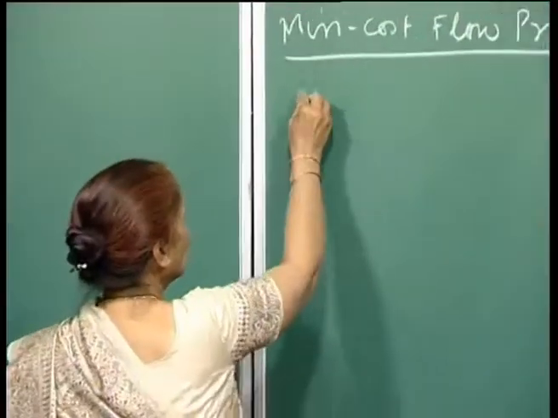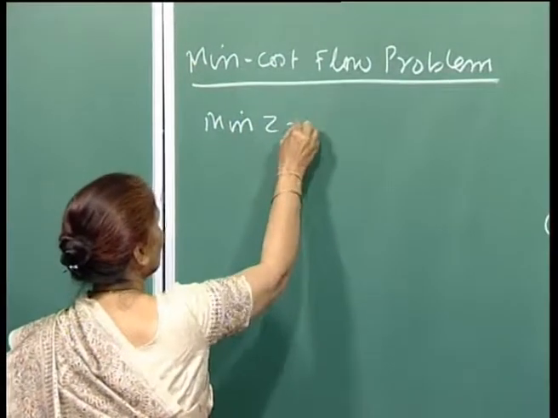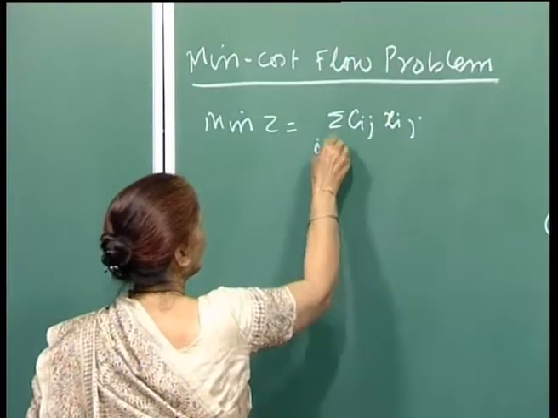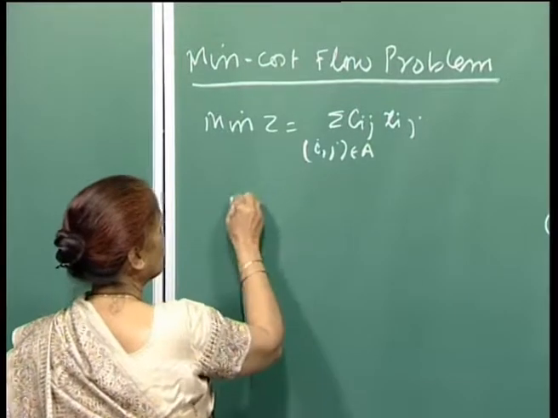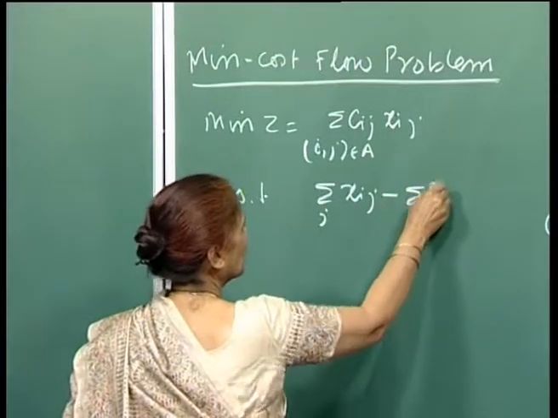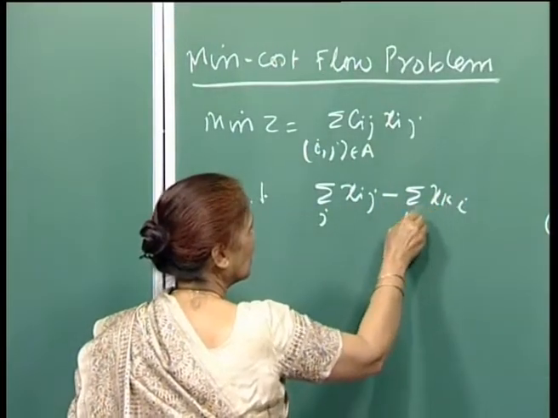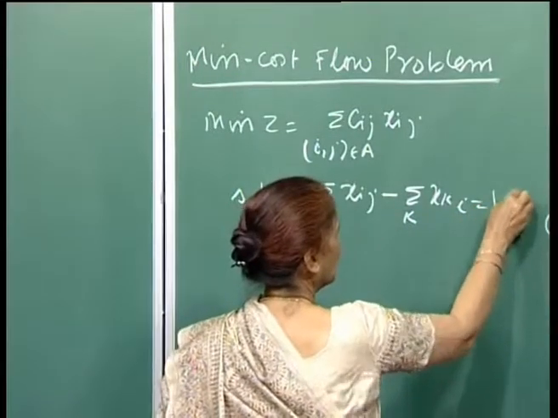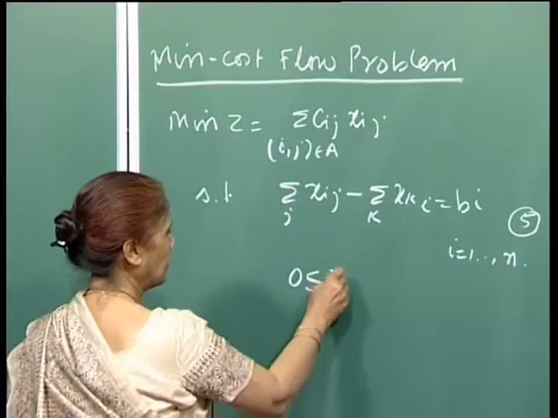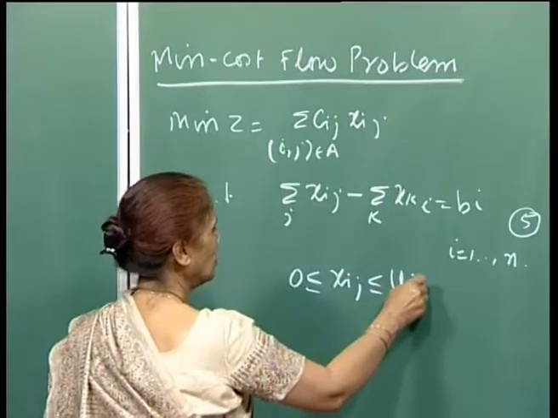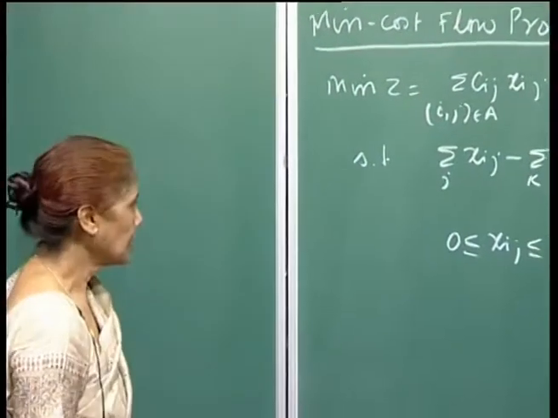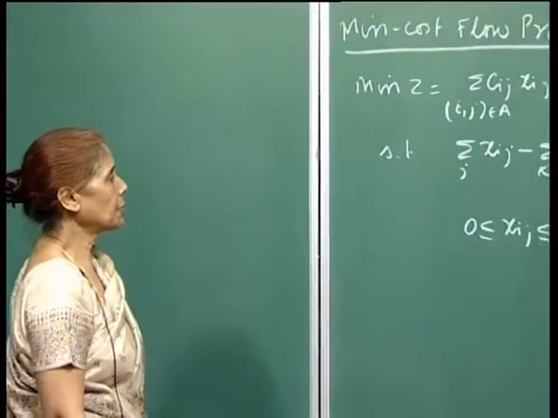So, min cost flow problem, we had defined it as minimize z equal to summation Cij Xij, where arc ij belongs to A, subject to summation over j of Xij minus summation over k of Xki is equal to Bi, i varying from 1 to n. And the general problem will have Xij less than or equal to Uij, where again Uij may be finite or infinite. The infinite case means the arc has no upper bound restriction.